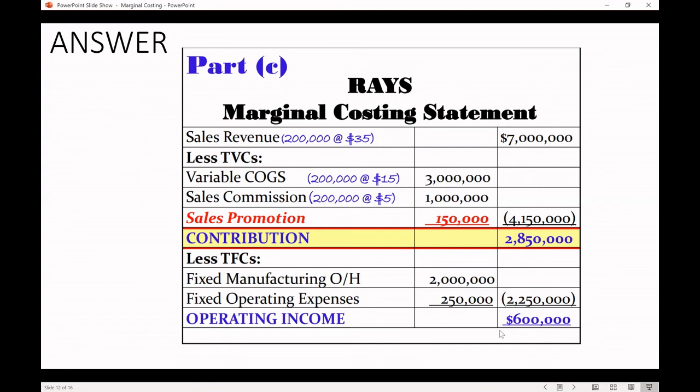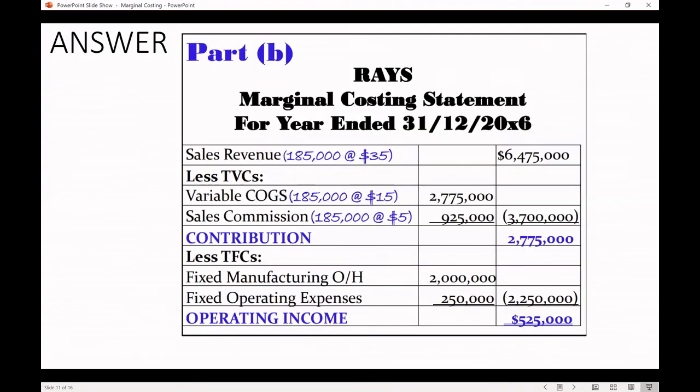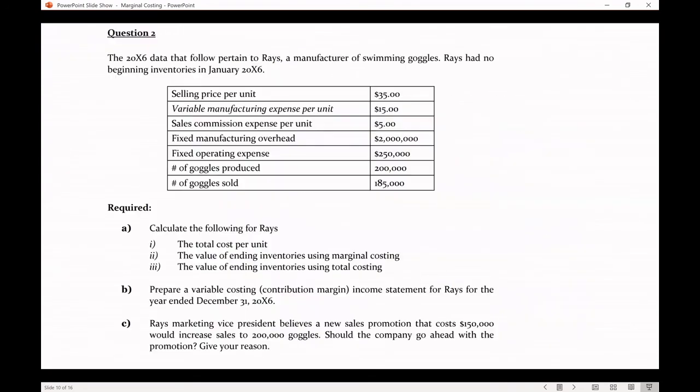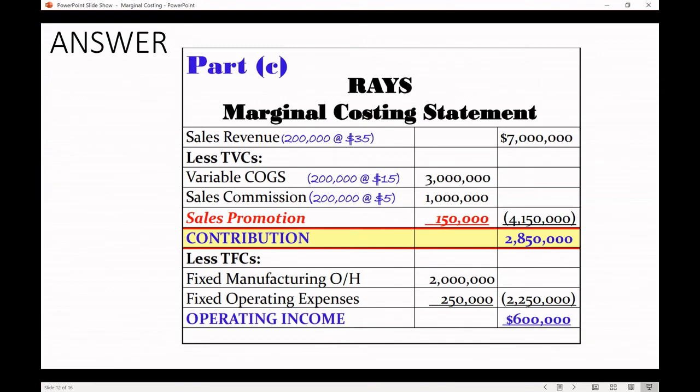What was our operating income before? 525,000. So we're saying, whoa, despite the additional sales promotion cost of $150,000 and the increase in variable cost of goods sold and commission, we still managed to increase operating income.